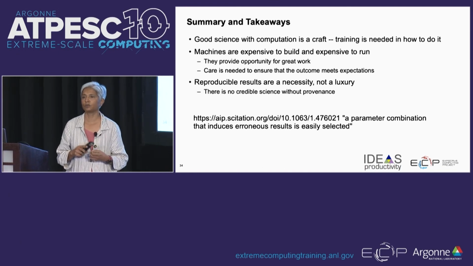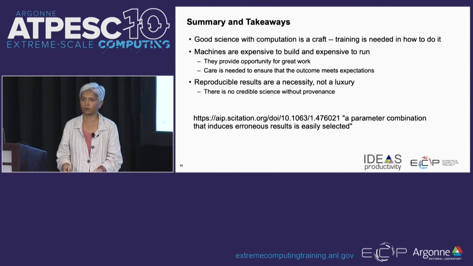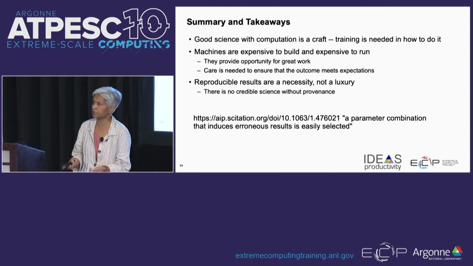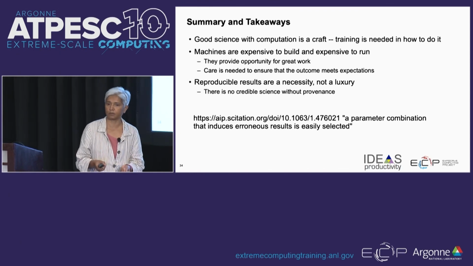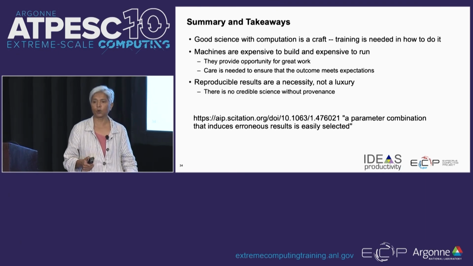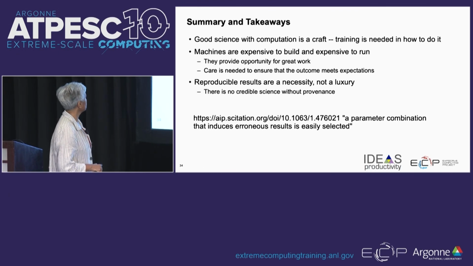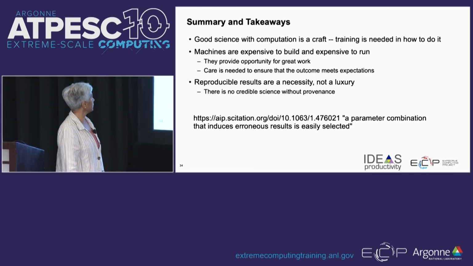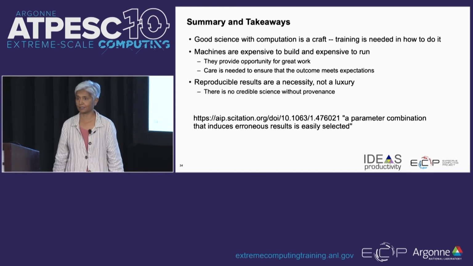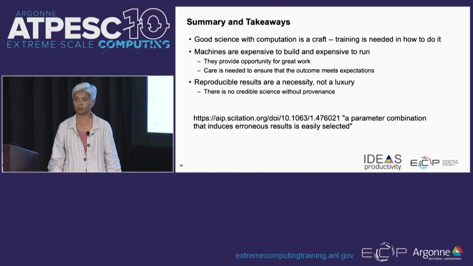So you have to work with the assumption that you are going to do sensible, reproducible, believable, credible science. And here is a quote that I find quite illustrative: a parameter combination that induces erroneous results is easily selected. If you don't plan well, it's very much possible that that can happen. That's it. Thank you.